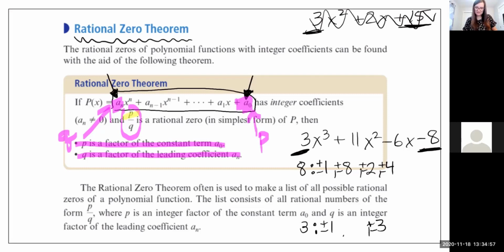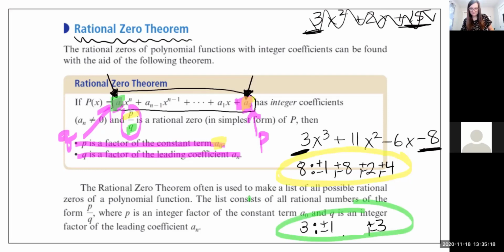They say P over Q, right? So P is coming from the last term. So you start with these, and then any of those can also be divided by the factors of that. So it's almost like that's your fraction.